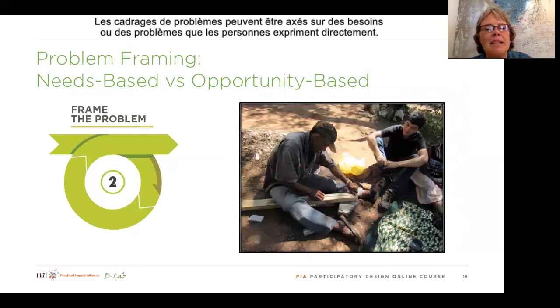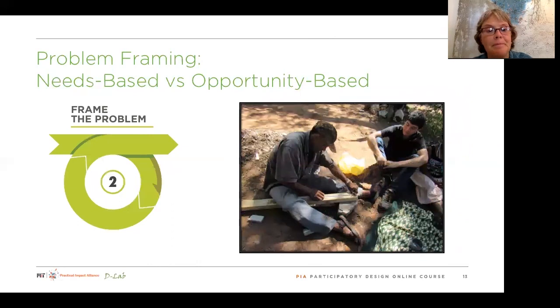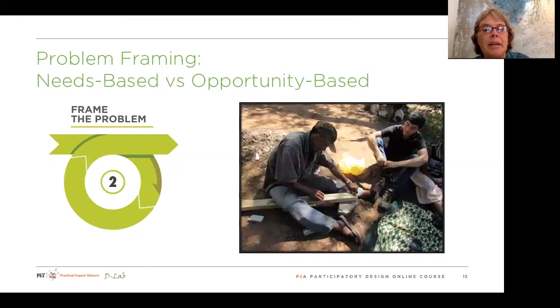Problem framings can be centered around needs or problems that people articulate directly. In this case, we were working with a community in the Kalahari Desert that earned income by making beads out of ostrich eggshells. It's a time-consuming process, so they were very interested in problem framings that reduced their labor.